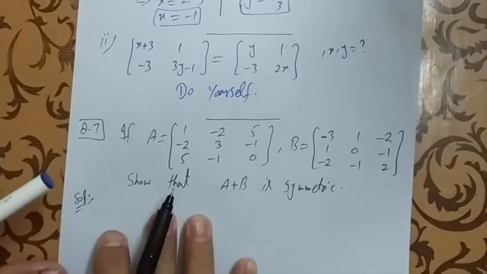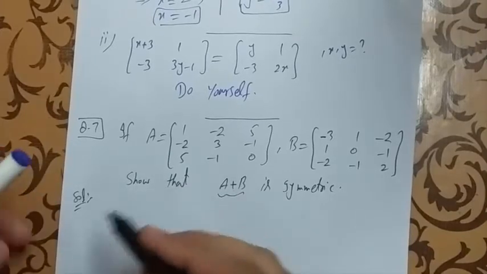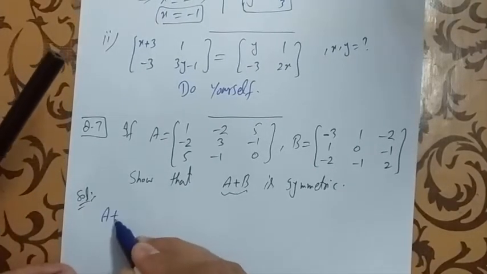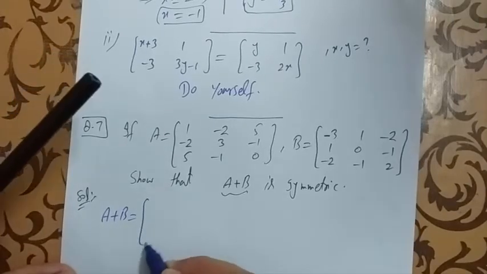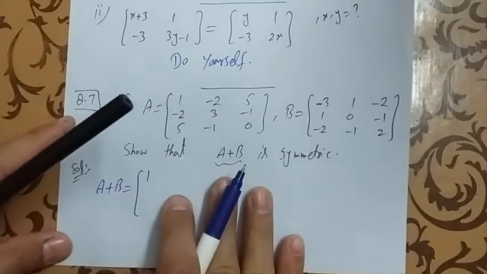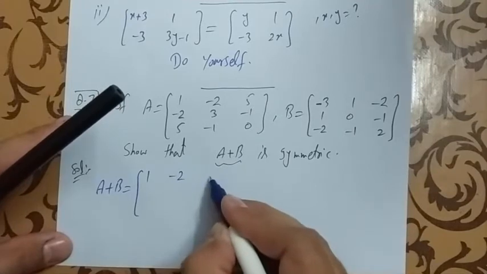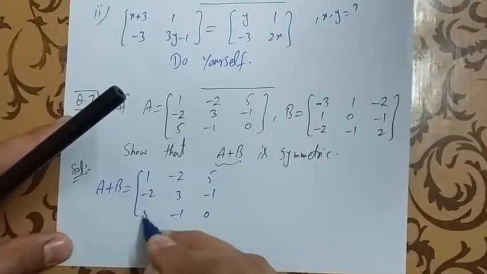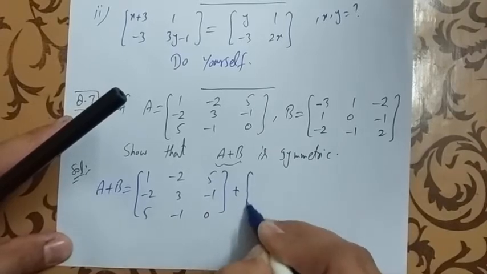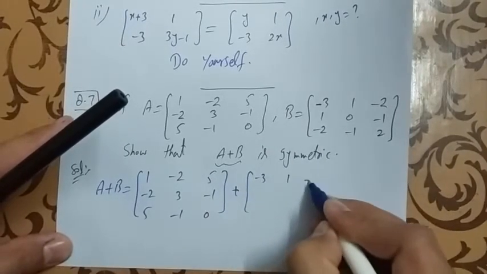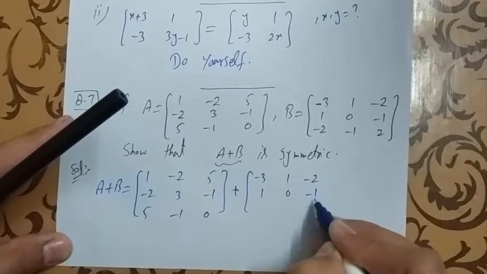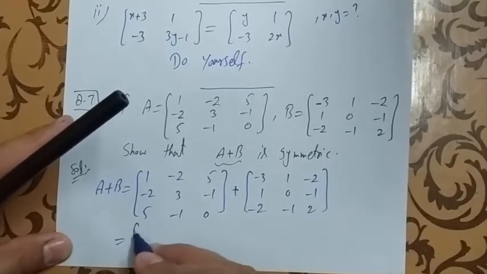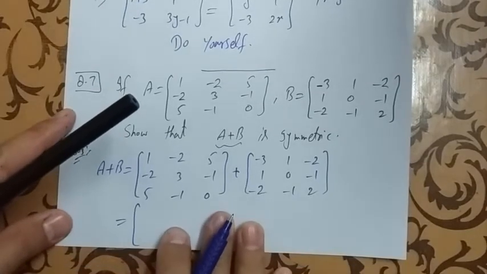Simply, students, first of all you add A plus B. First we write A and second we write B. Then we add these two.